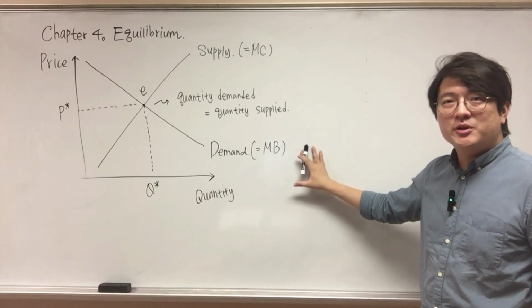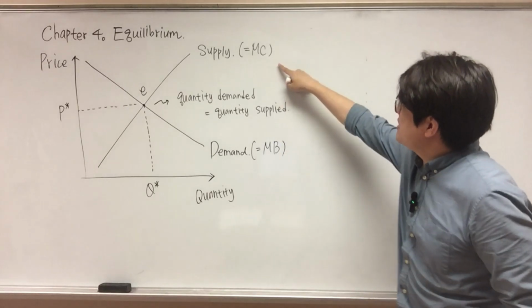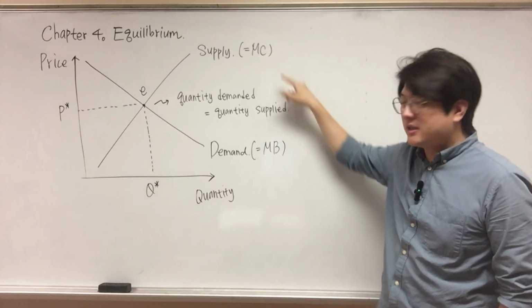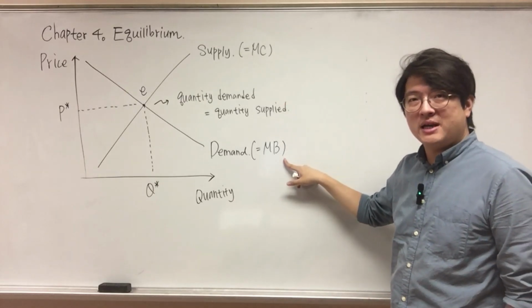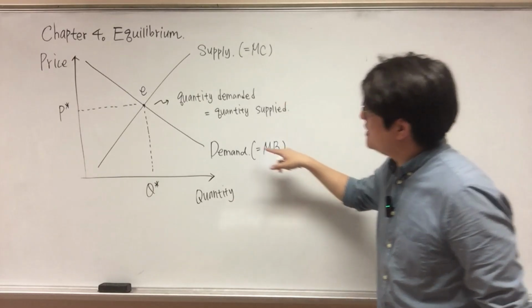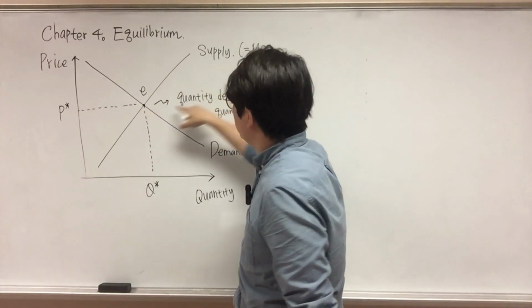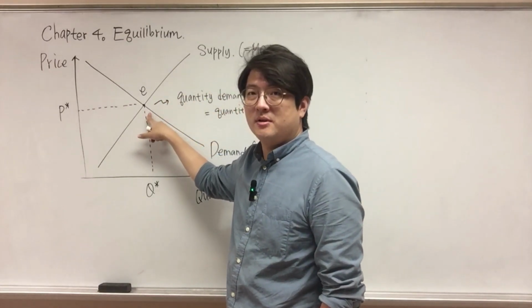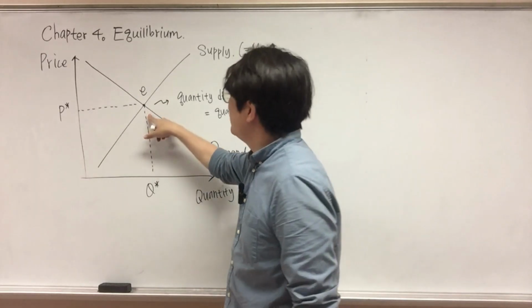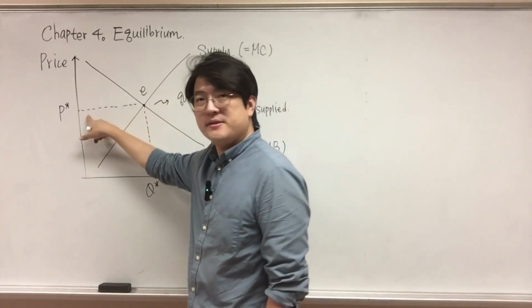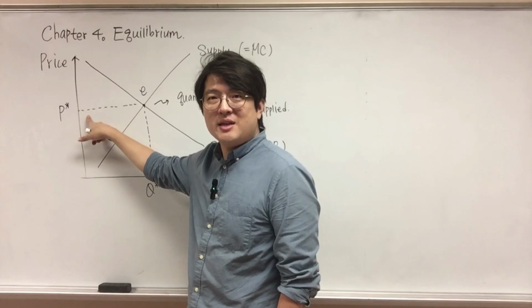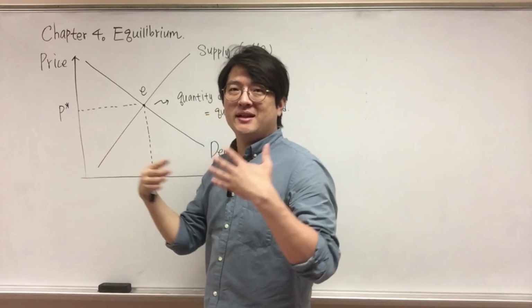At the equilibrium point, what happened? The supply curve is marginal cost, right? And the demand curve is marginal benefit, right? So at the equilibrium point, we can realize that marginal cost equals marginal benefit. And this point is equal to price, right? So that point is in line with the rational rule.